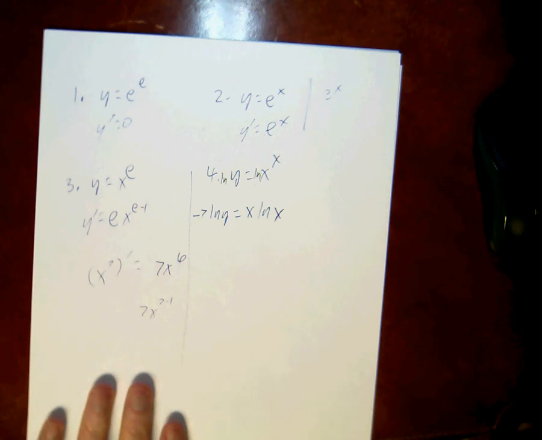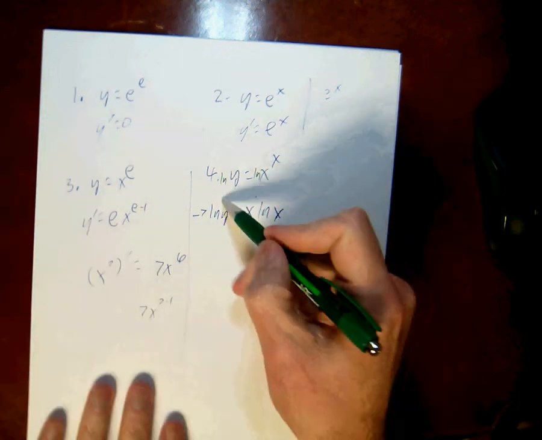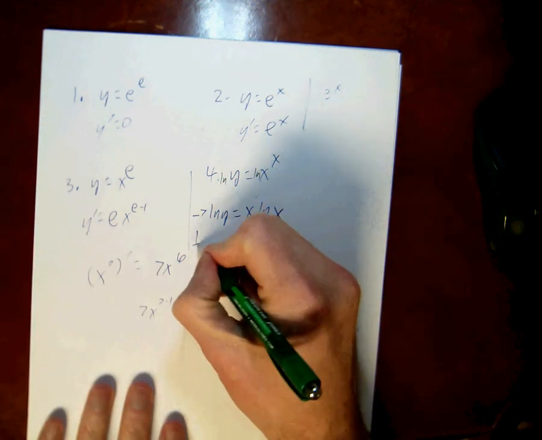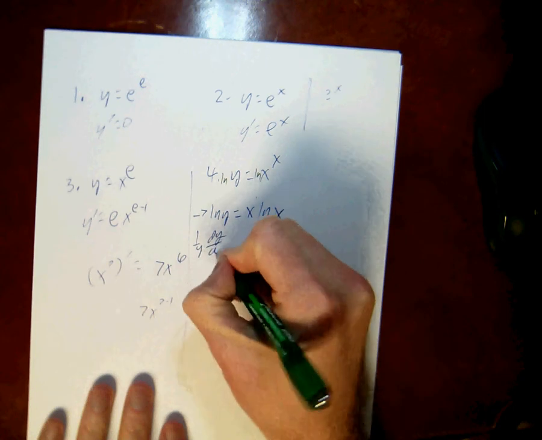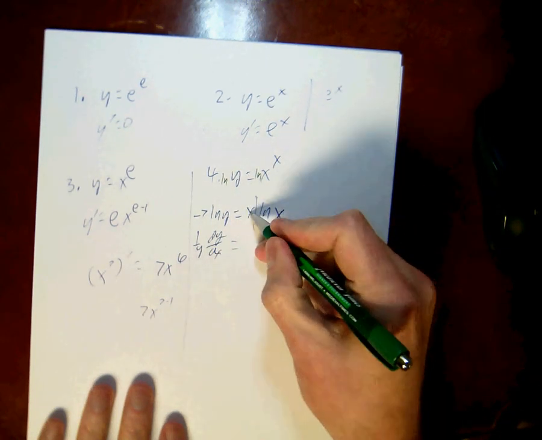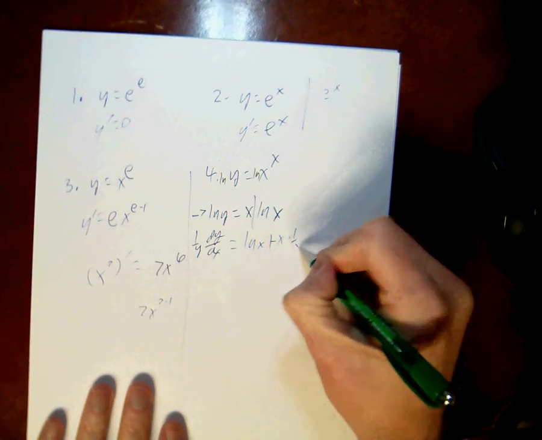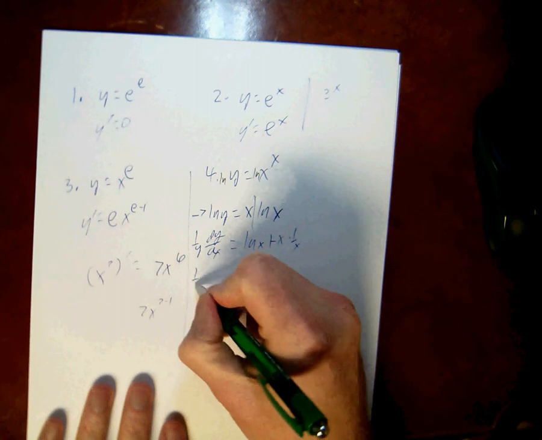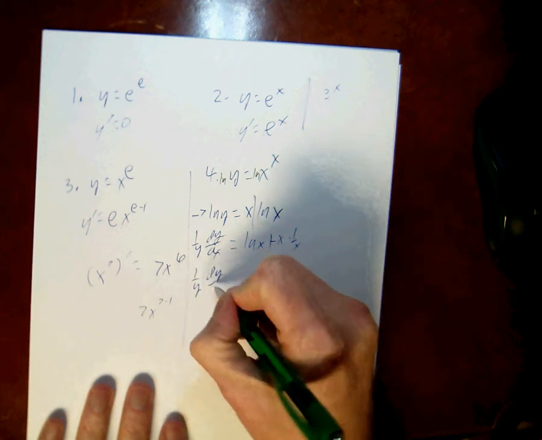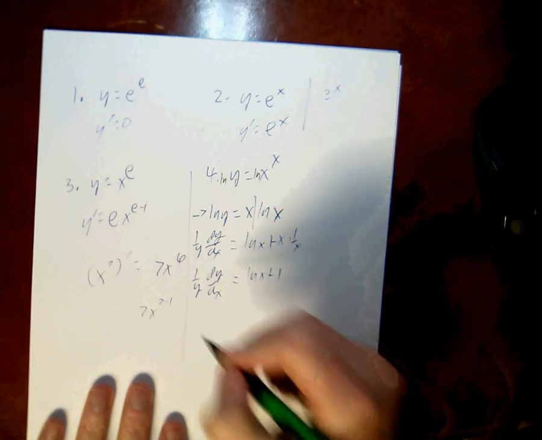All right, so take the derivative of both sides. Now the derivative of this side's easy. That's just going to be 1 over y dy dx. I've got to remember the product rule on this side, so the derivative of x is 1, so I get natural log of x, plus x times 1 over x. So I end up with 1 over y dy dx equals natural log of x plus 1.